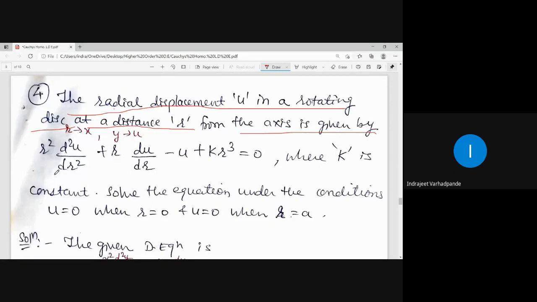Solve the equation under the conditions u is equal to 0 when r is equal to 0 and u is equal to 0 when r is equal to a.